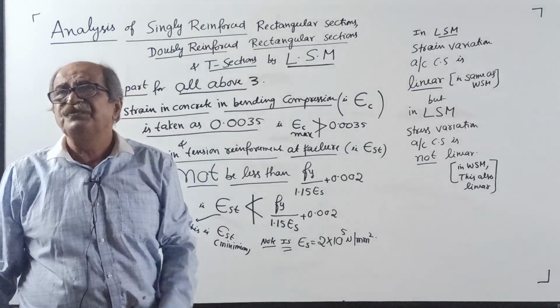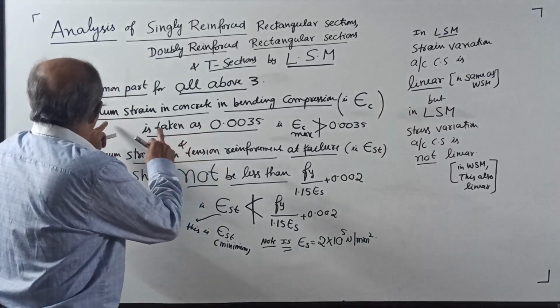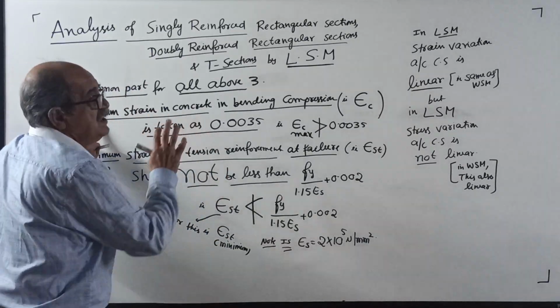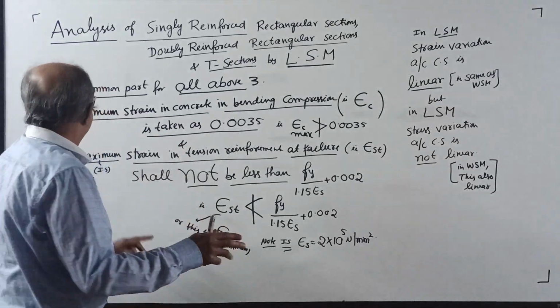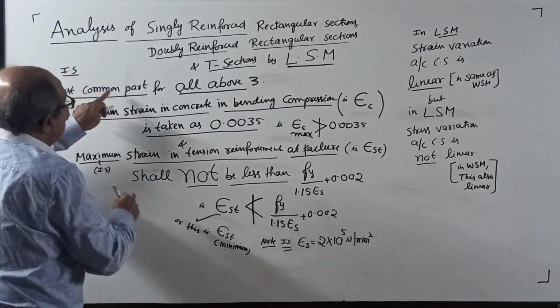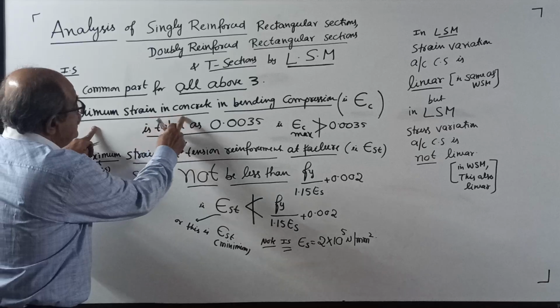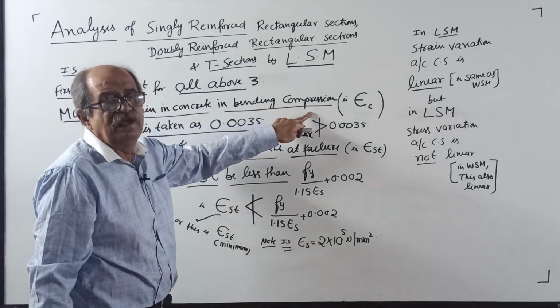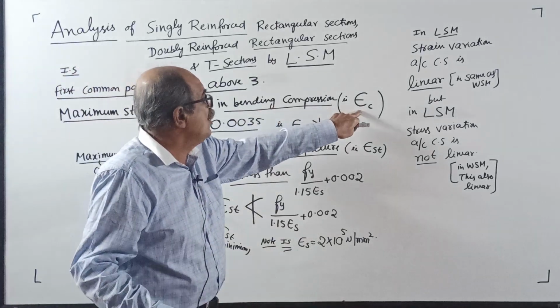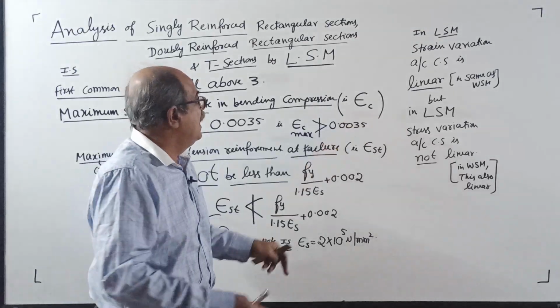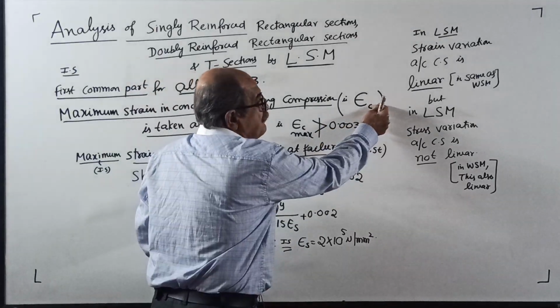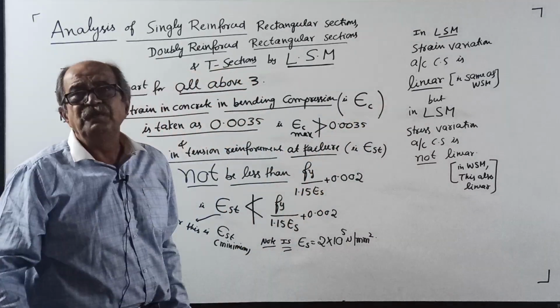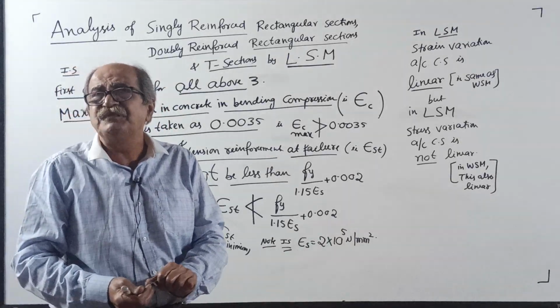Where compression comes in concrete, there will be a compressive strain in concrete. As per IS code, maximum strain in concrete in bending compression, I will use the symbol epsilon C. Maximum comes at the extreme compression fiber.